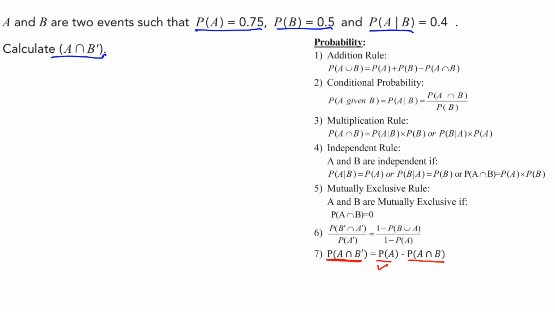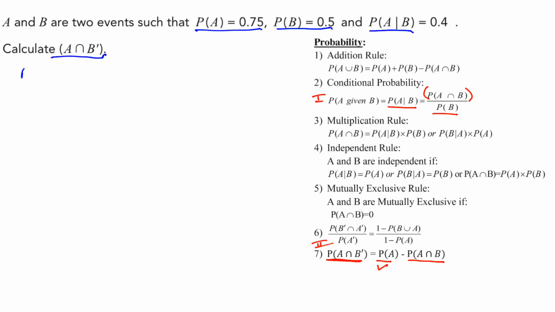And to do that, you can see that we can use this rule here. If you have A given B and B, you can use this rule to find A intersection B. So this is the first rule we'll be using, and then we'll use this rule.